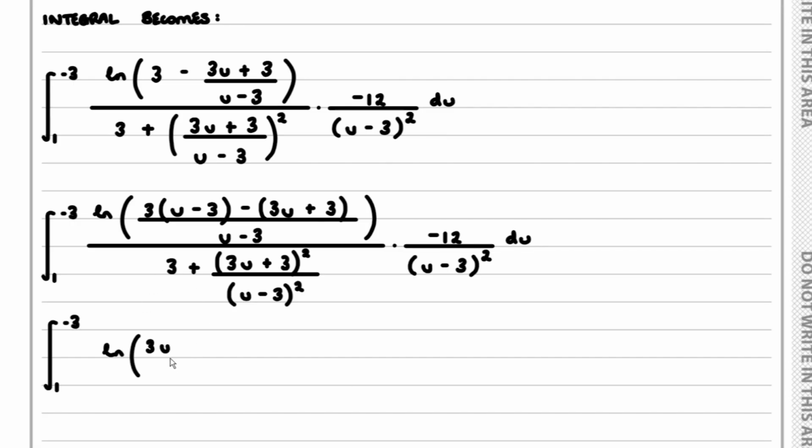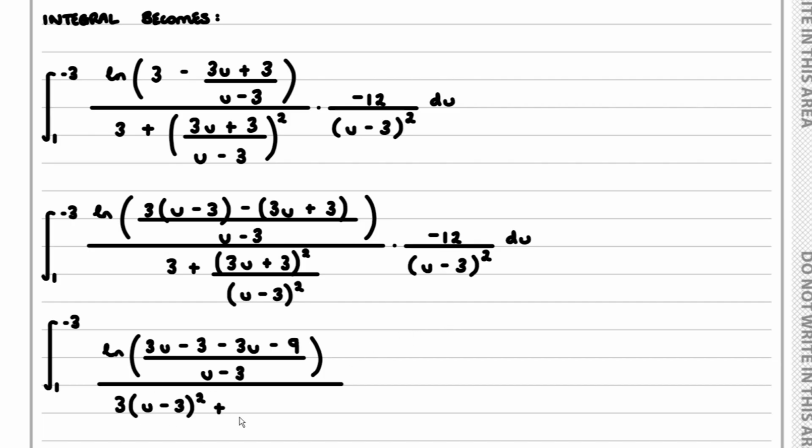We've got the natural log of (3u subtract 9 subtract 3u subtract 3) over (u subtract 3), and if I multiply through by (u subtract 3) squared, I've got 3 times (u subtract 3) squared plus (3u plus 3) squared multiplied by negative 12 du.